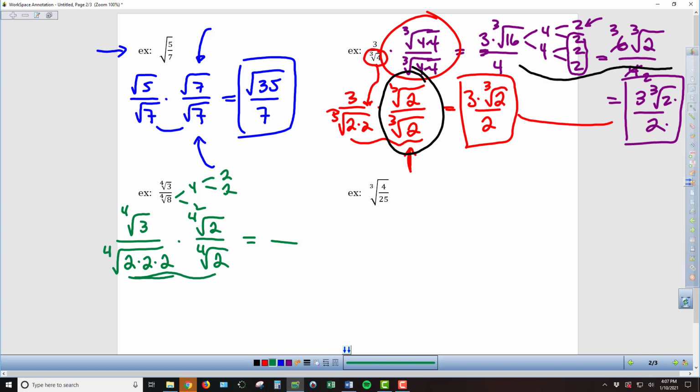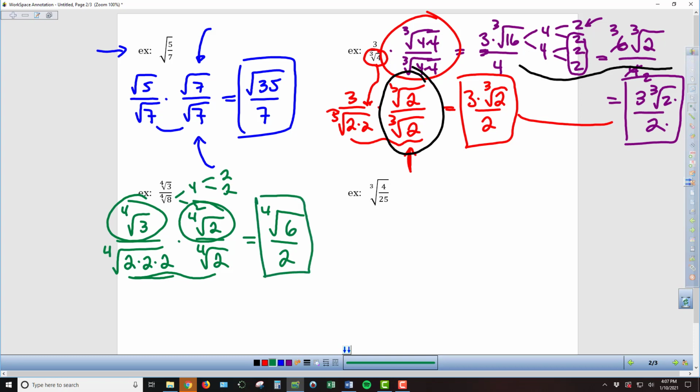So 4 2's underneath the 4th root symbol comes out as a single 2 on the outside. And then up in the numerator, I've got this 4th root of 3 times this 4th root of 2. So I'm just going to multiply those to make the 4th root of 6. And so I can't reduce this expression. That 6 isn't really a 6. It's a 4th root of 6. And so this is my result.